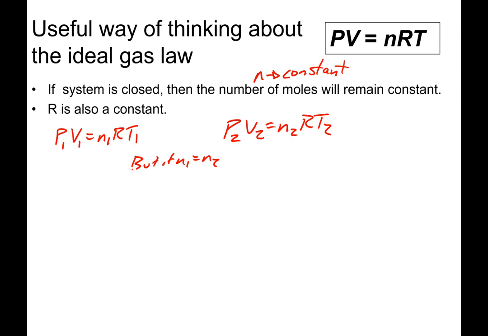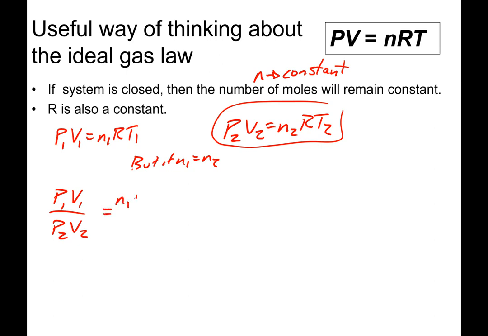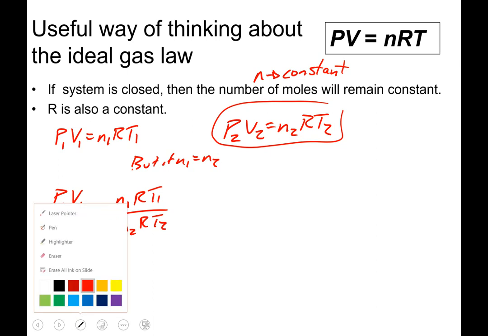If I just take this equation and divide it into the other equation. So what I'm going to do here, watch this. P1 V1, and underneath I'm going to put P2 V2. And then here I'm going to put n1 R T1, and underneath it n2 R T2. Notice I've just taken one equation divided by another, and you can do that. This is allowed.